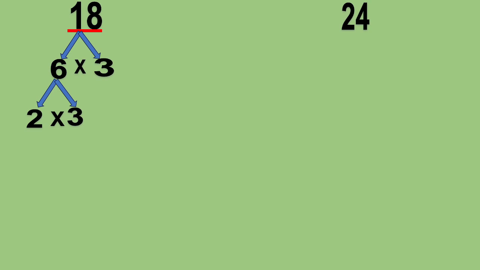Another example, 18 and 24. Let us find the greatest common factor of 18 and 24. Let's start making factor tree for the number 18. 18 can be factored into 6 times 3. 3 is prime. 6 can be factored into 2 times 3.